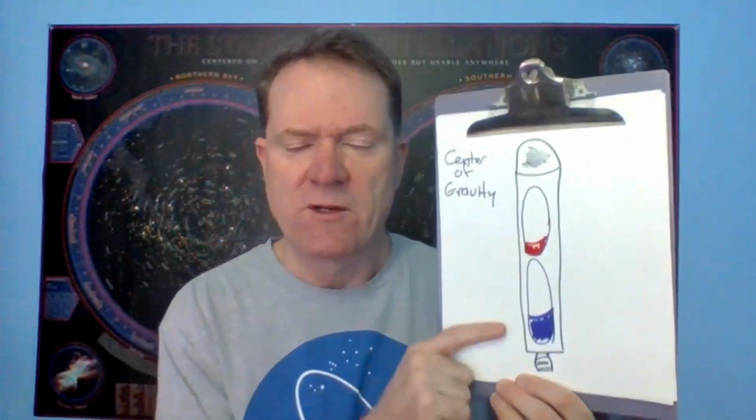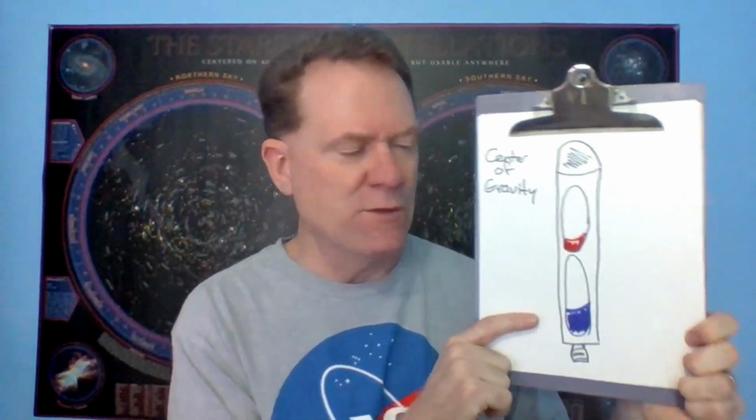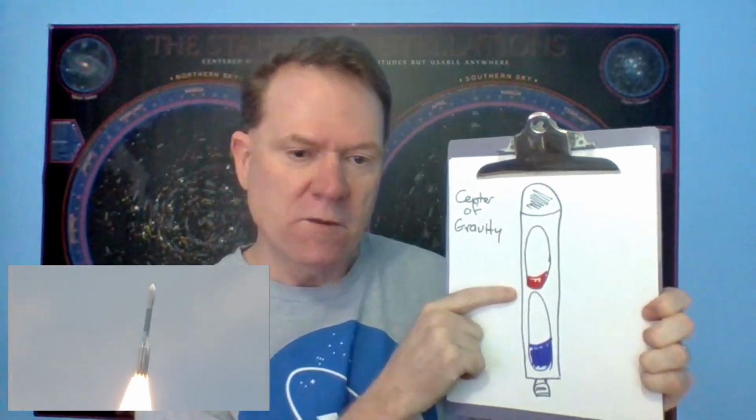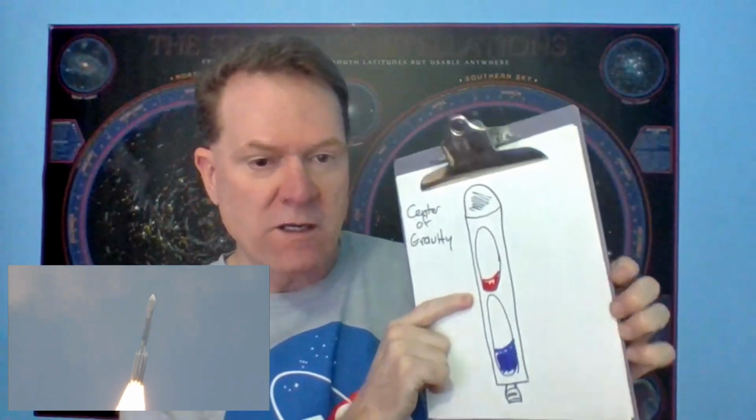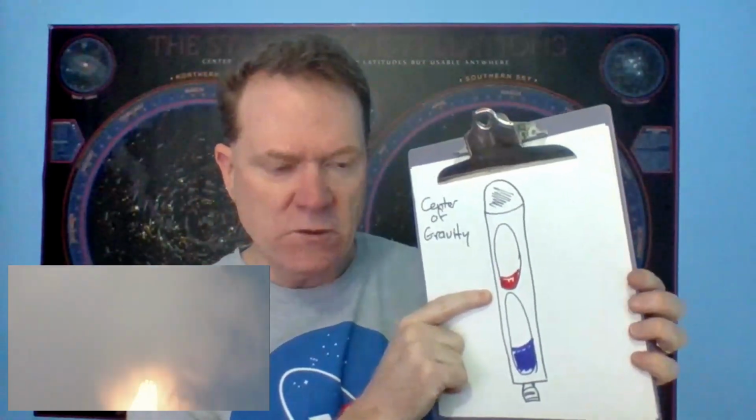These are not necessarily correct, this is just a visual. Well, these may weigh different things, and our center of gravity may be higher or lower. As this rocket is flying, it's going to want to fly with the center of gravity in the middle, which may be down here, or it may be up here.